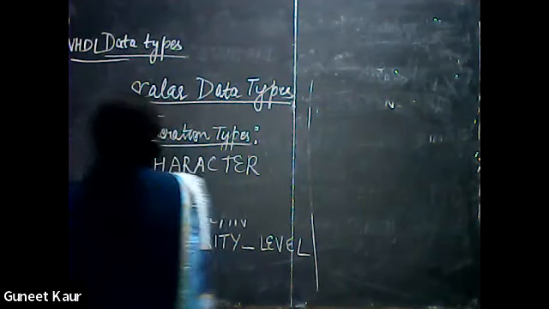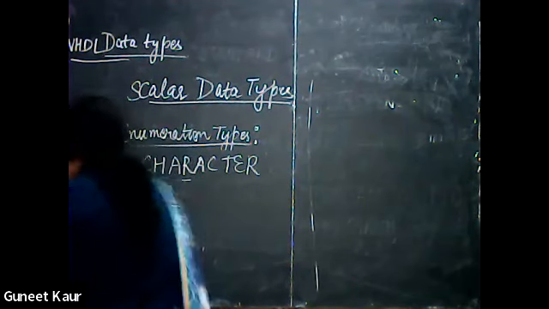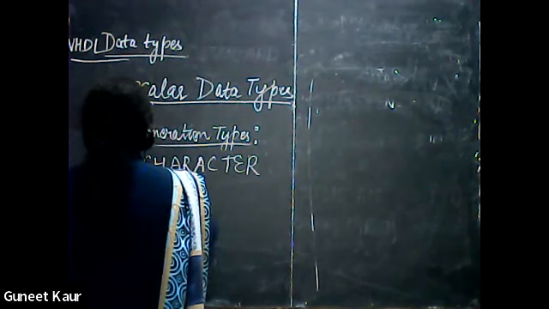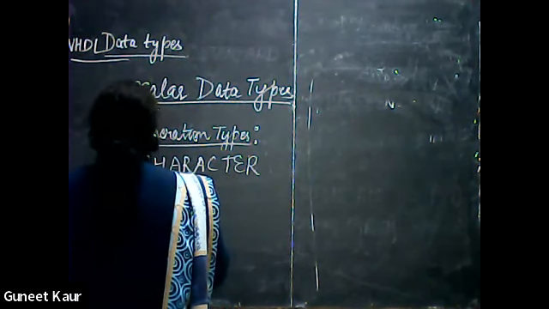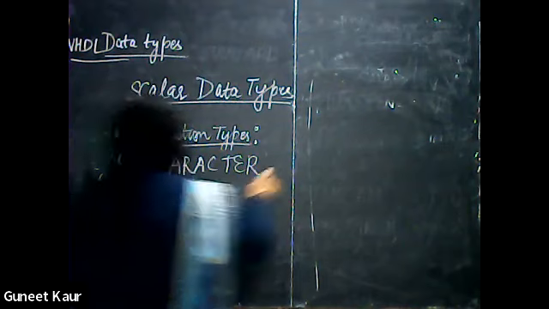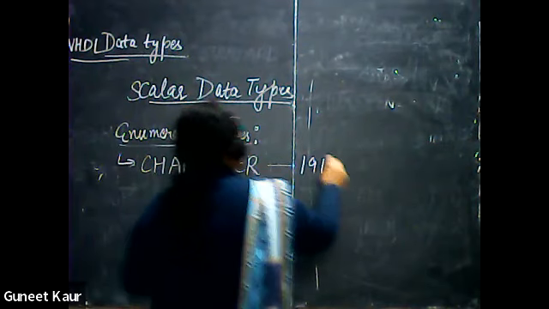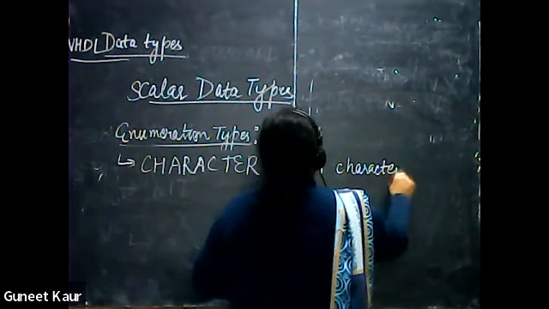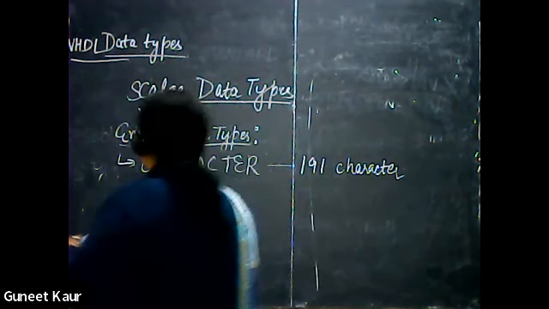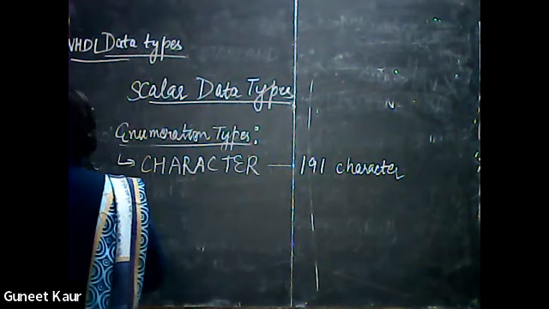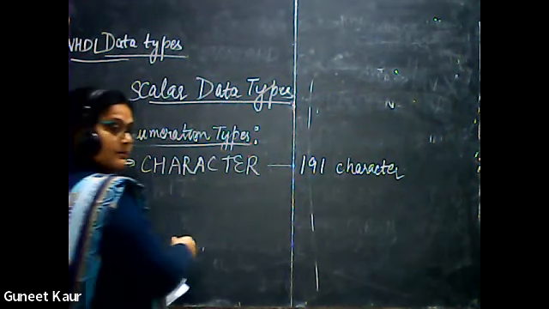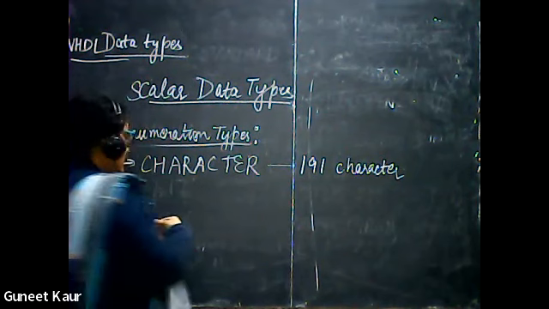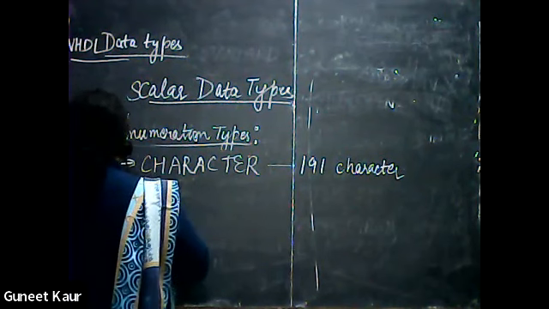In the character type, we have 191 characters, and each character in this is known as a character literal.